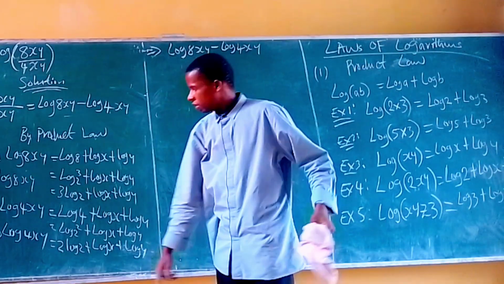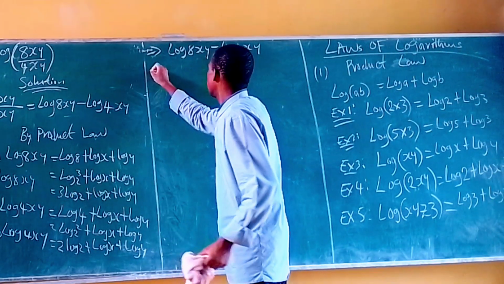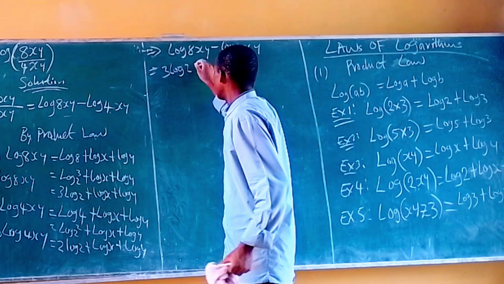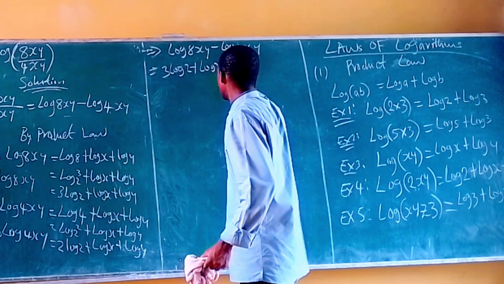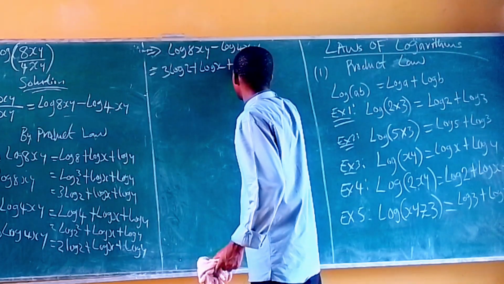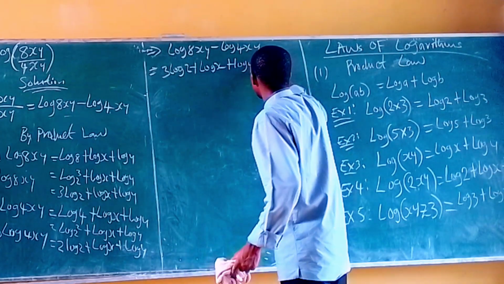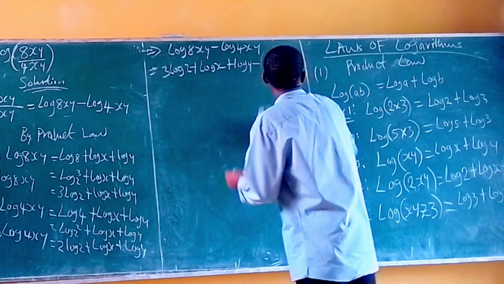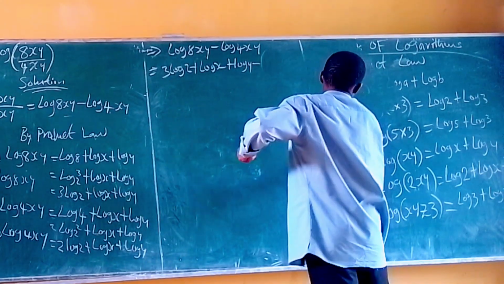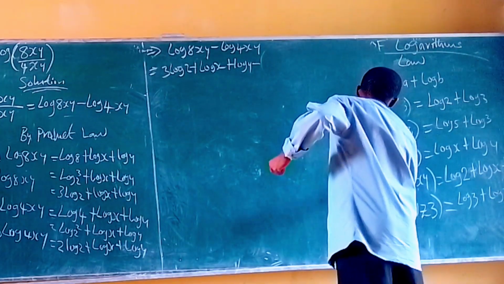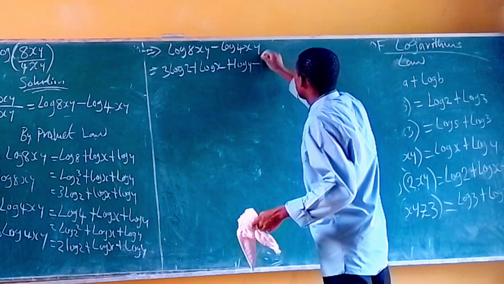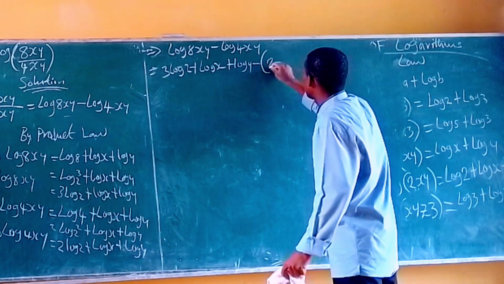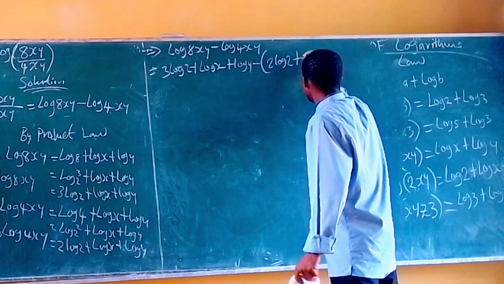Note that log 8 gives 3 log 2 plus log x plus log y, minus 2 log 2 plus log x plus log y.